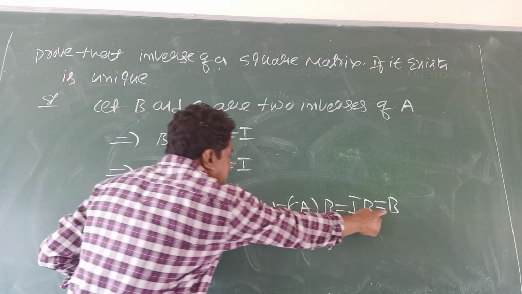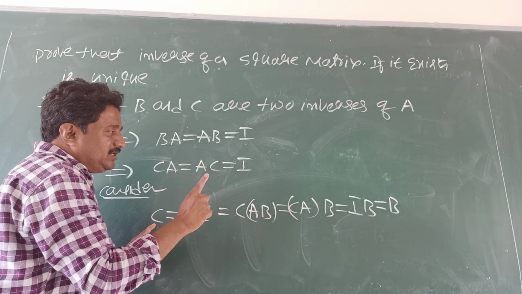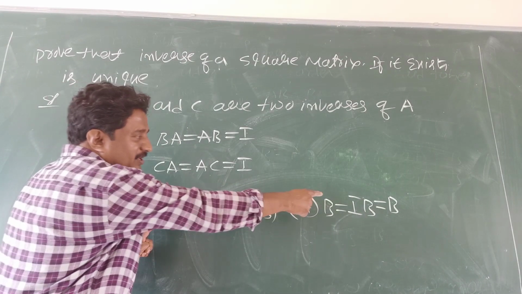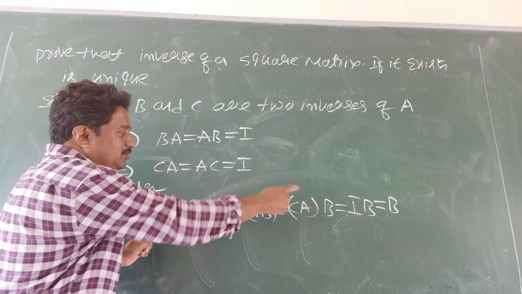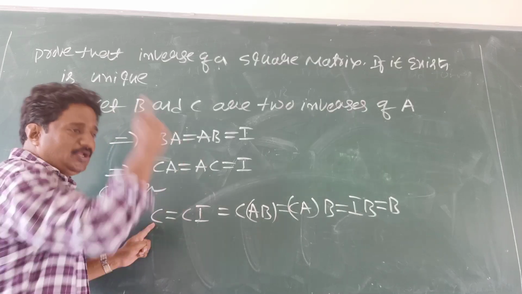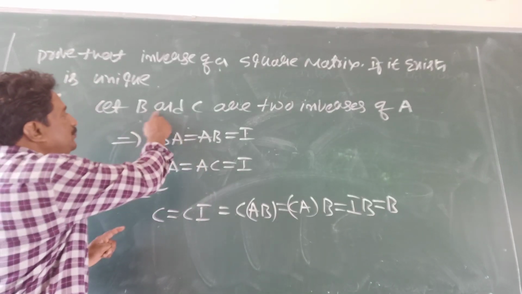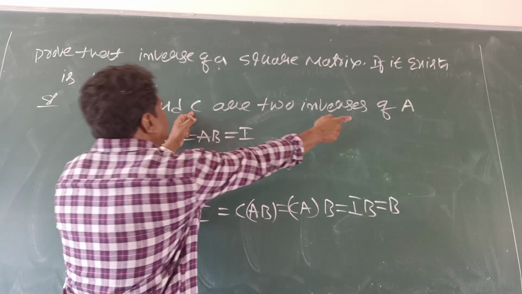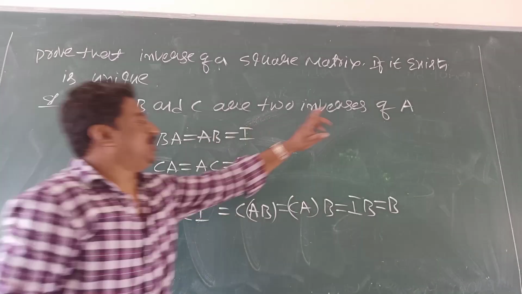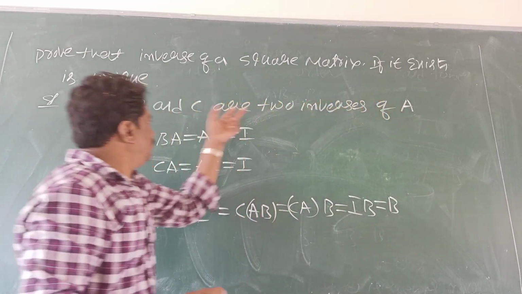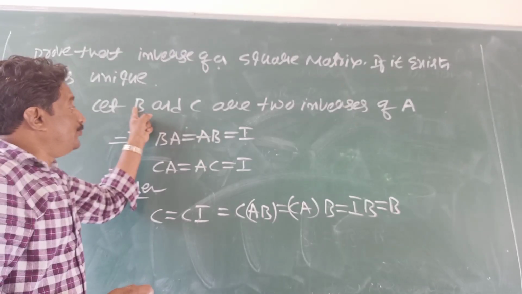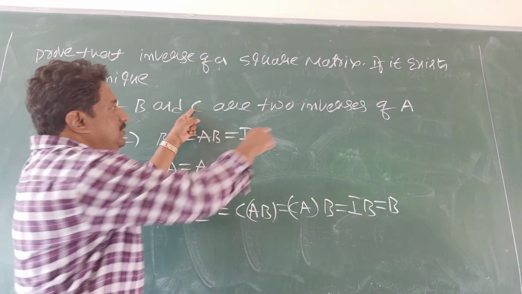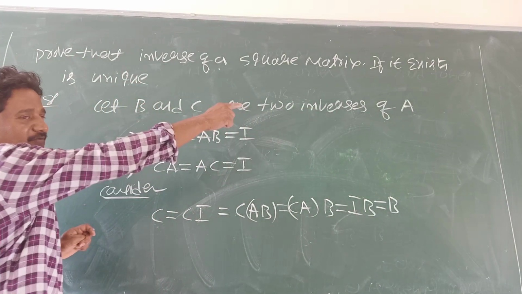Both represent only one matrix because B = C. If B and C were two different matrices, then A would have two different inverses.